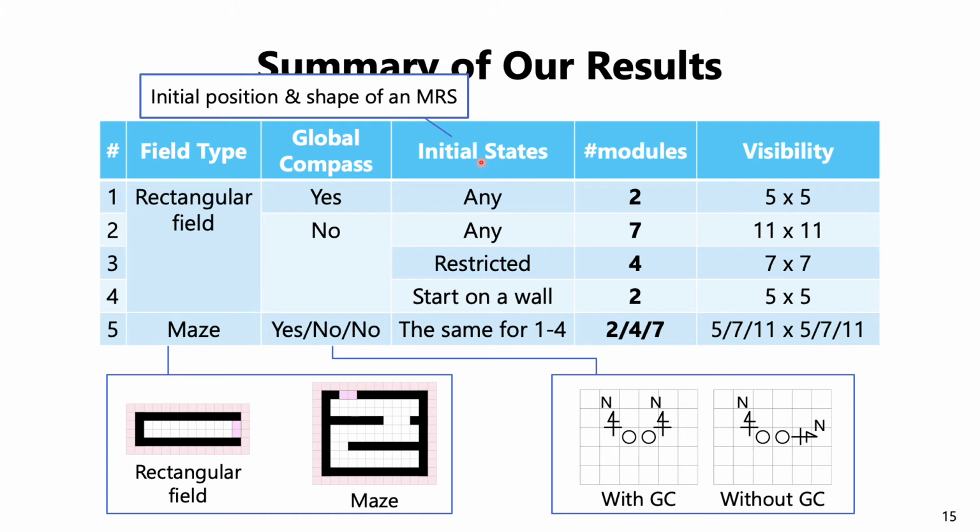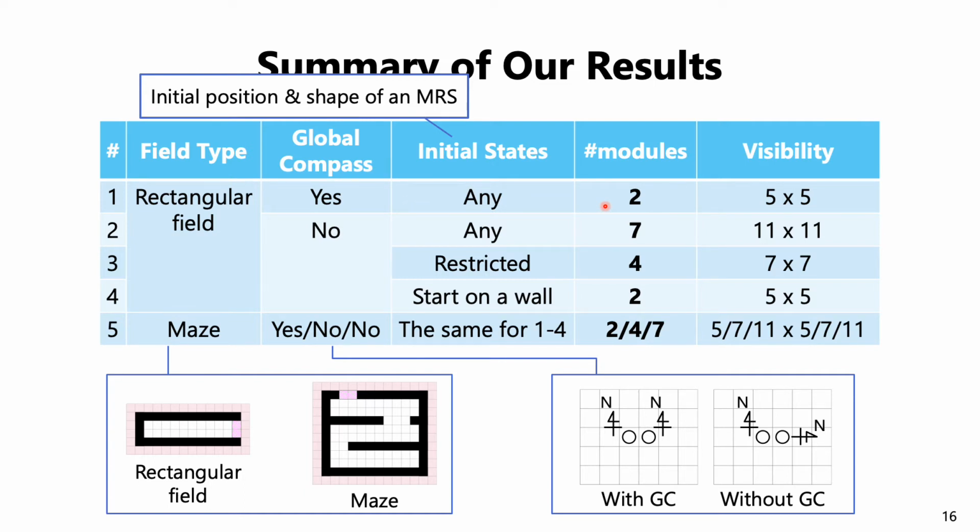And in this talk, we use the term initial state as a pair of the initial position and the initial shape of an MRS. For example, the first two results don't have any assumption on initial states, but the others have some restriction on initial states. For rectangular fields, if modules have a global compass, two modules are necessary and sufficient for any initial states.